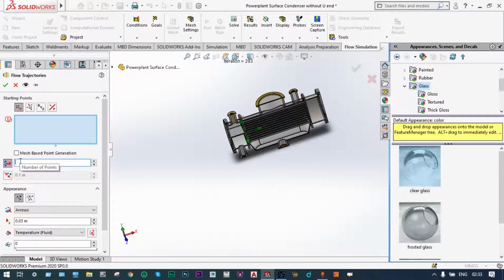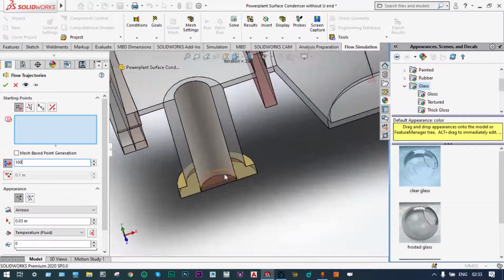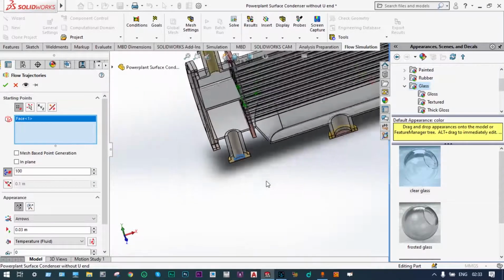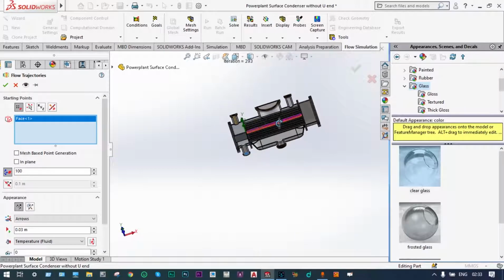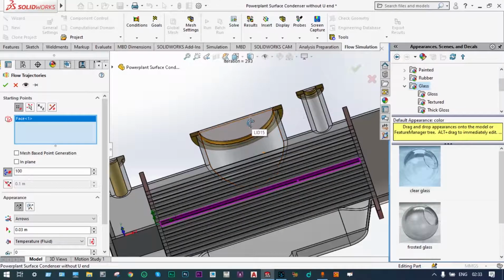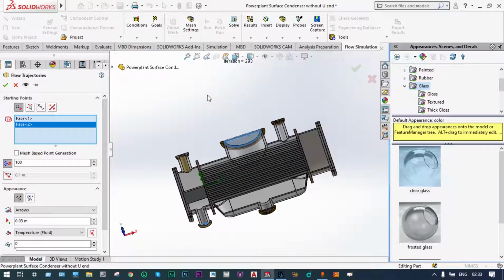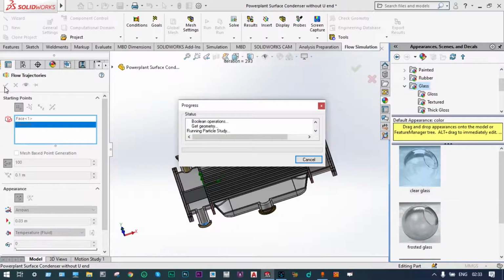Let us make this one as 100 numbers of arrows, and we want to provide location. Cold water will be passing from here, from phase 1, and steam will be passing from this location. So phase 1 and phase 2 is selected, green check.